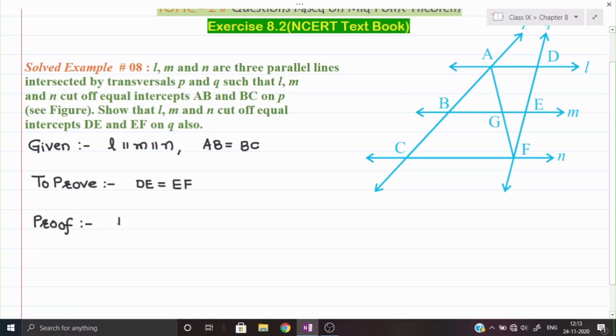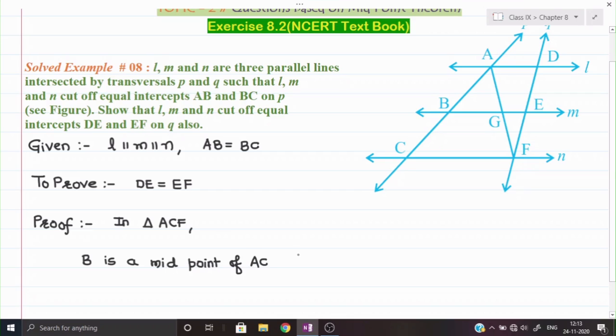First, you can see in the figure, I am taking one triangle. The name of the triangle is triangle ACF. In this triangle, first of all, you see B is a midpoint of AC. Can we say like that?